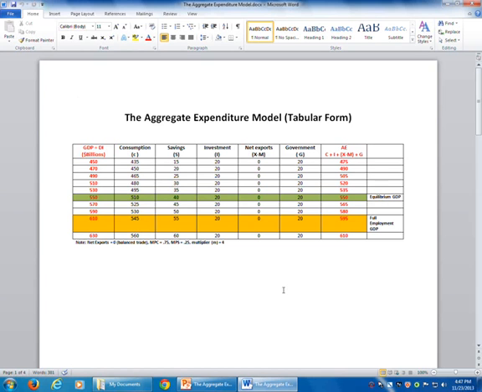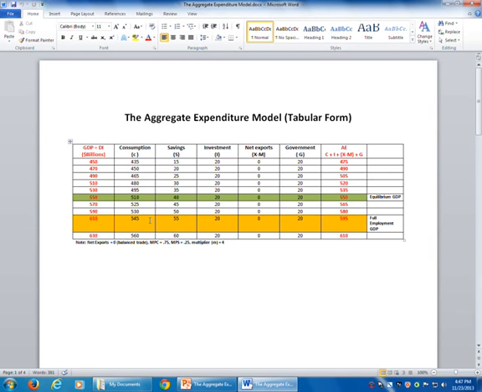Now, if I keep extending the model, keep extending these patterns, I see that at what I call full employment GDP, aggregate expenditure is 595 billion and GDP at full employment is 610. So if we extend the model to our definition of full employment, we see that aggregate expenditures are less than GDP.